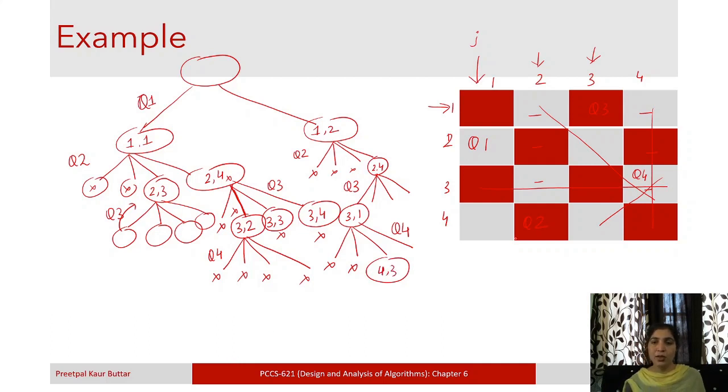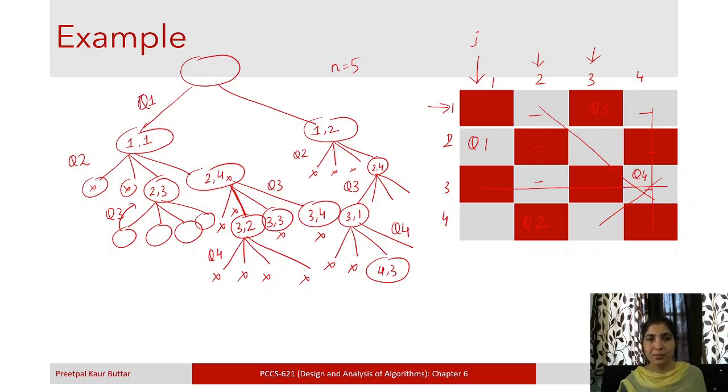So this is how we use backtracking to find the solutions for the n queens problem. You can try yourself for any other n, suppose n equal to 5, and try to draw this kind of a tree so that you can understand where we are backtracking.